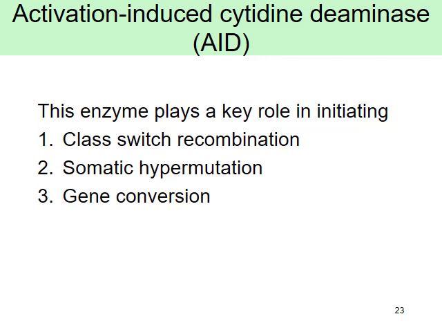If it's out of control, it's only start, no stop, then we have a problem. So in this case, the most important thing is activation-induced cytidine deaminase, very important for class switch recombination, very important for somatic hypermutation, and also important for gene conversion. So these are the three major events which are happening in this case, especially for the ability of antibodies to be very specific and very diversified in terms of the response that we normally get. Okay?